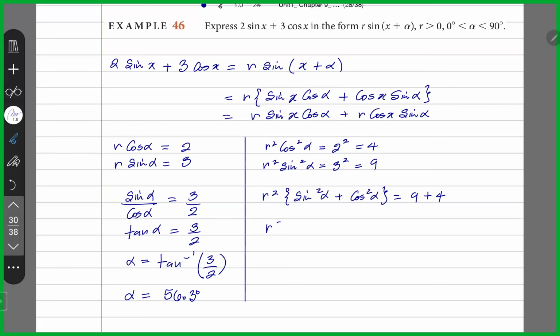So now I have R squared times 1, which is just R squared, is equal to 13. And R would be the root of 13. So now that I have R and alpha, I can say that 2 sine x plus 3 cos x is equal to the root of 13 sine(x plus alpha), where alpha is 56.3 degrees.